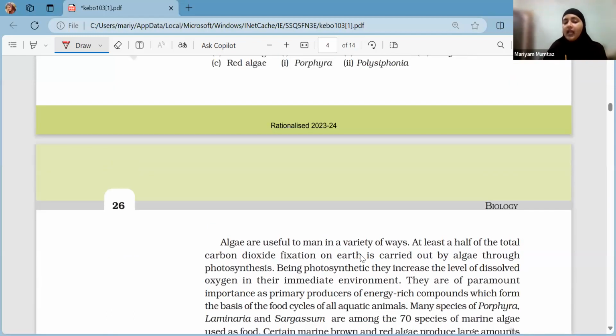Now, algae are useful to man in a variety of ways. At least half of the total carbon dioxide fixation on Earth is carried out by algae through photosynthesis. Carbon dioxide fixation, formation of glucose. And when photosynthesis happens, oxygen is released as a byproduct. So it is very beneficial to us humans and many animals.